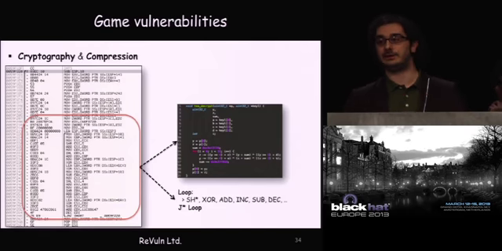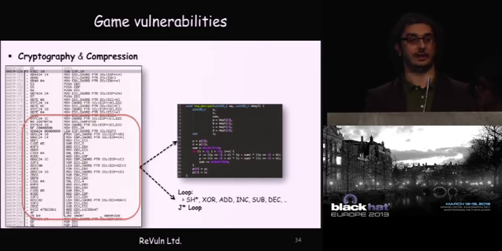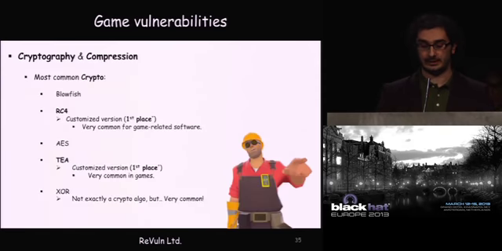We look for patterns, which are pretty obvious, for example a loop with a lot of math operations. But it's not easy when we are dealing with customized versions of known algorithms. So what we did is a sort of survey over the most widely used crypto and compression algorithms for games. We had this kind of result.